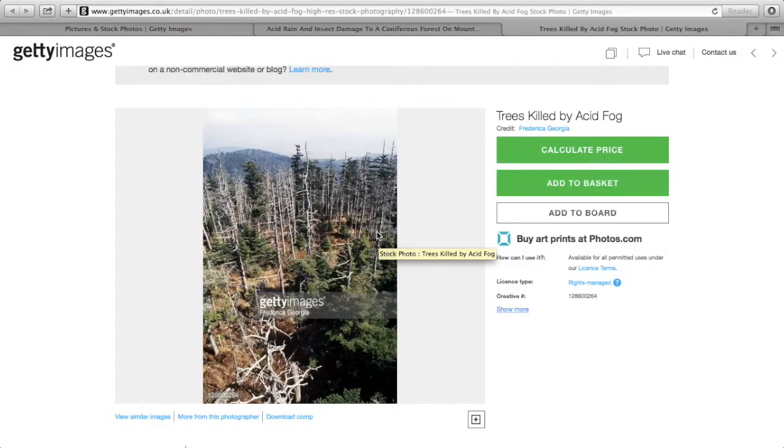Now, here we have an example of an acid fog damaged environment. I touched on that earlier, I think. But as you can tell, this is higher up on the mountains, close to the peaks, and these trees are bare and they're dull.